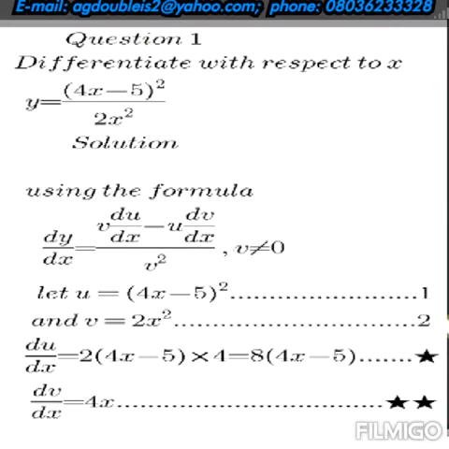Question 1. Differentiate with respect to x: y is equal to (4x minus 5) all raised to power 2, all over 2x squared. Solution. Now we're going to use our formula dy/dx equals v times du/dx minus u times dv/dx, all over v squared, provided v is not equal to 0.